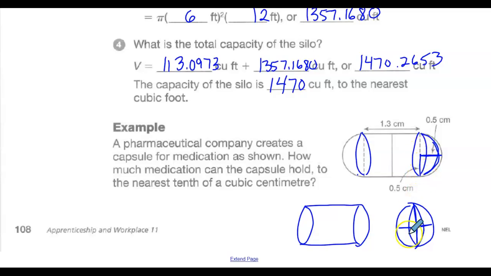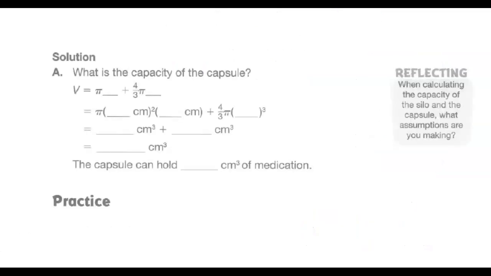So that is the radius of the sphere, 0.5 centimeters, and for the cylinder, the height of the cylinder is 1.3. So this is pi r squared h, which will be 0.5 squared times 1.3. And for the sphere, it's 4/3 pi r cubed. So that's 4/3 pi times 0.5 cubed.